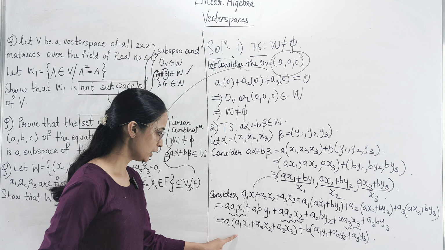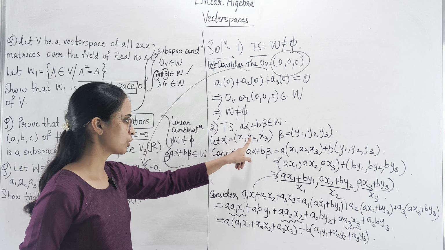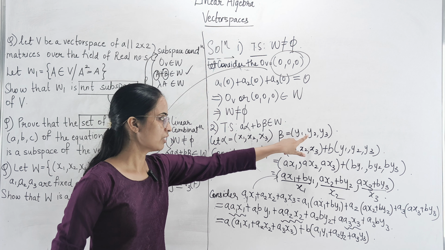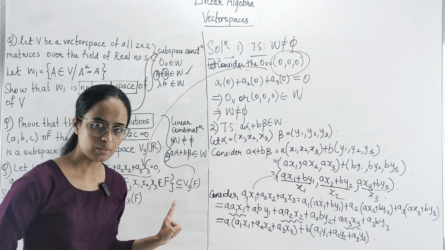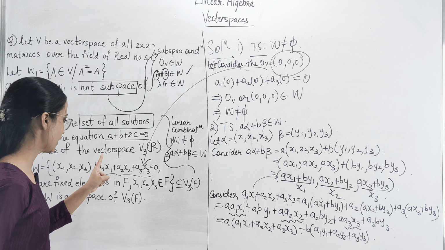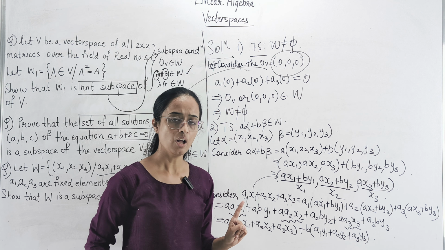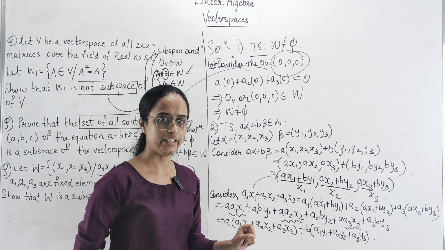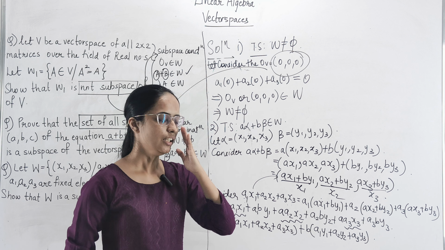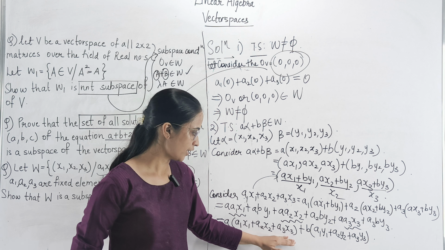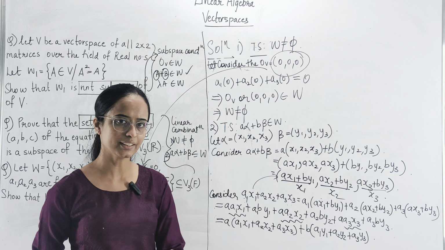But if you observe these particular expression that we have got, since we know that your x1, x2 and x3, y1, y2, y3 are the two vectors which belong to the given set W, इसका मतलब this condition holds true for these two vectors that you have taken. मतलब ये दोनों vectors के लिए a1, a2, a3 ऐसे एलिमेंट्स फिक्स्ड रहेंगे such that this particular expression and this particular expression will turn out to be equal to 0.